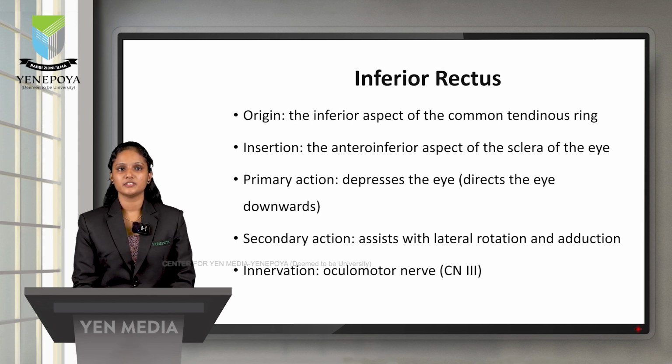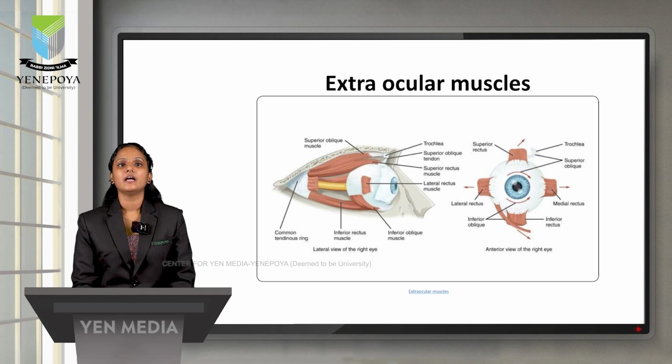So while we are looking down, this inferior rectus muscle will help in looking down. The secondary action is assisting with the lateral rotation and adduction, and the innervation is done by the same oculomotor nerve. And here in the figure also we can see that it is originating from the common tendinous ring and gets attached to the inferior part of the eyeball.